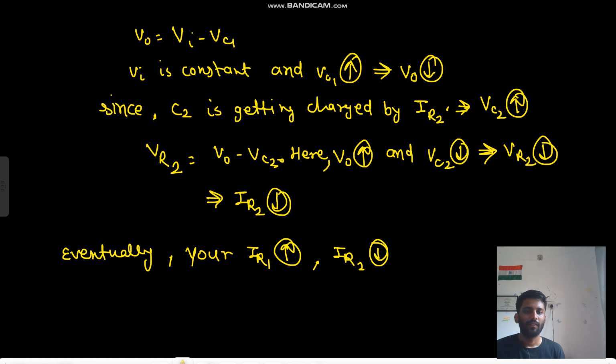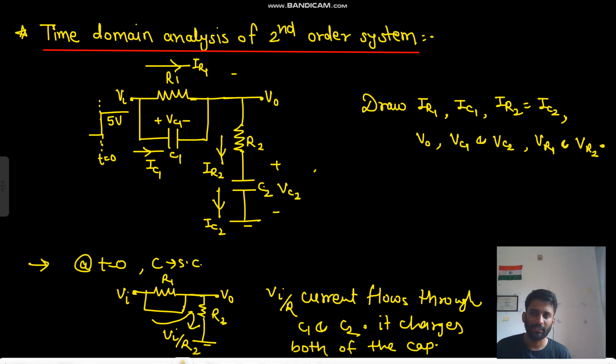Okay, so what we have seen till now, look, initially capacitors are shorted, so V in by R2 current is flowing. Since V in by R2 current is flowing, C2 is getting charged and C1 is also getting charged. Since C1 is charged, there is some voltage developed across the resistance, and because of that voltage, there is some current flowing in the resistor. That is IR1. Okay.